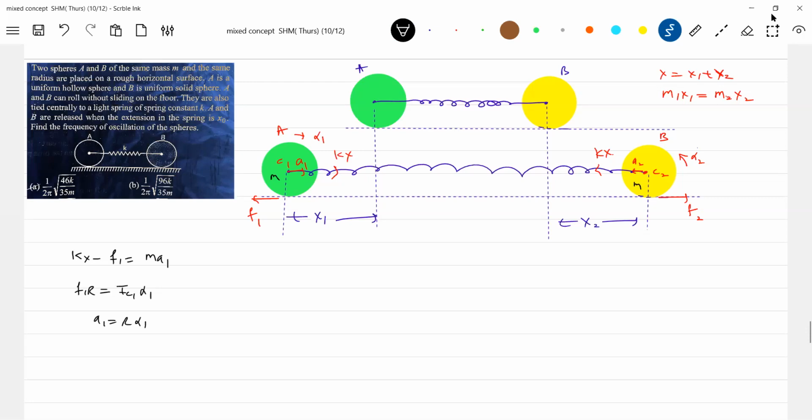Then for no slipping, a1 equals R alpha 1. So let me substitute here. What is A? A is a uniform hollow sphere, so 2 by 3 m r square into alpha 1. Alpha 1, I can write as a1 by R.